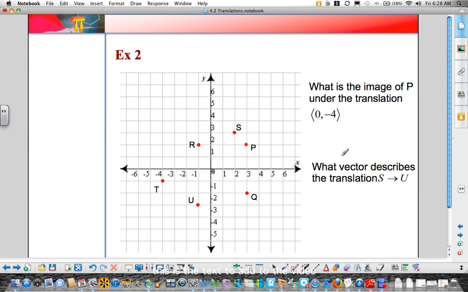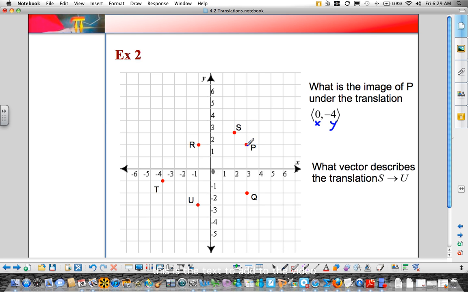What is the image of P under the translation 0, -4? So what I'm going to do is take point P, and get a different color here, we'll use blue. Here's point P, and I want to move it 0 units in the x direction, and -4 units in the y direction.